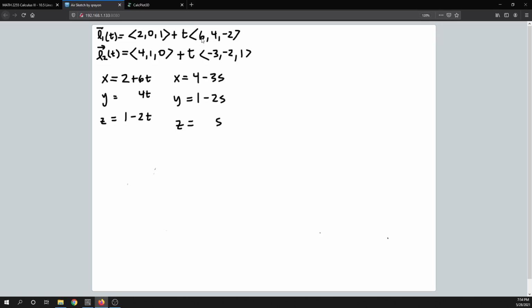Looking at the direction vector for line 1, I have a 6 as the first component, and a negative 3 is the first component for the second direction vector. So that would be a negative 1/2. 6 times negative 1/2 is negative 3. 4 times negative 1/2 is negative 2. Negative 2 times negative 1/2 is positive 1. So these two direction vectors are in fact parallel to each other.